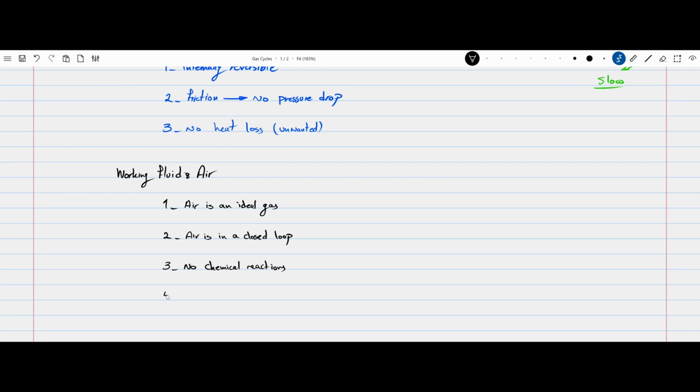And finally, we are going to assume that the combustion, which is the source of energy in a power cycle, can be replaced by a heat addition process. And the exhaust process, where we push the combustion products out of the engine, can be replaced by a heat rejection process.